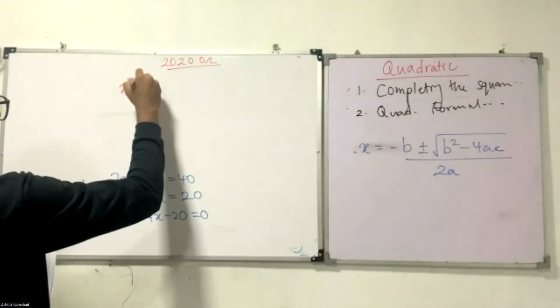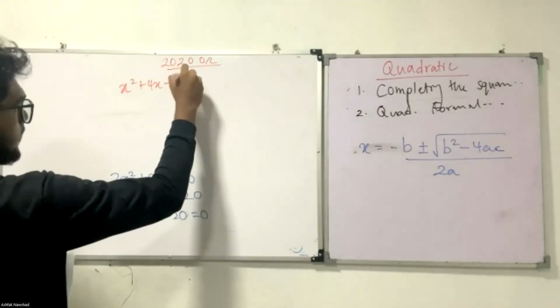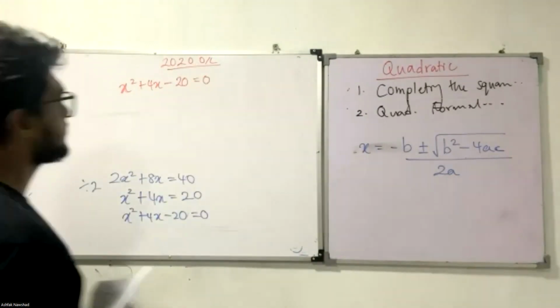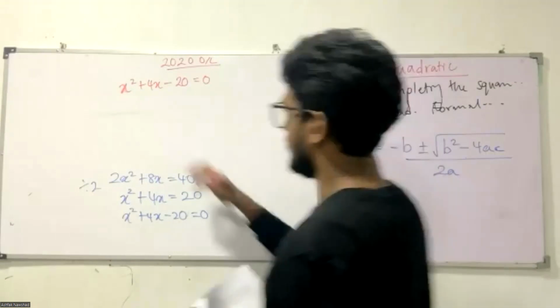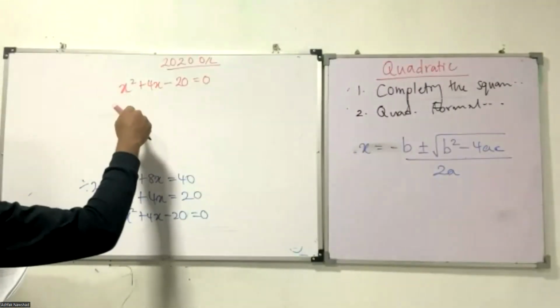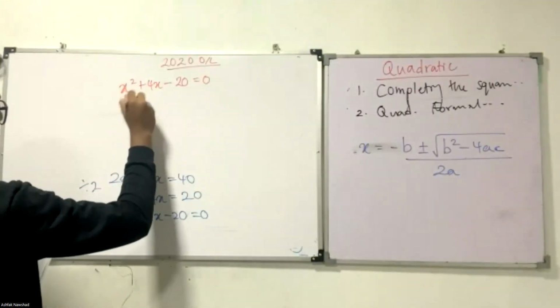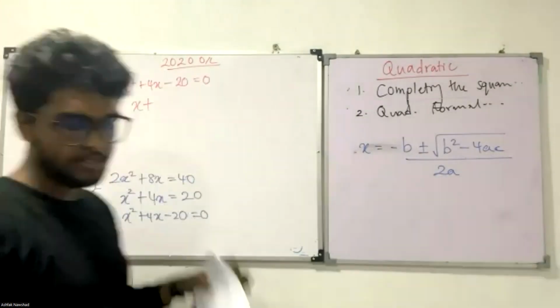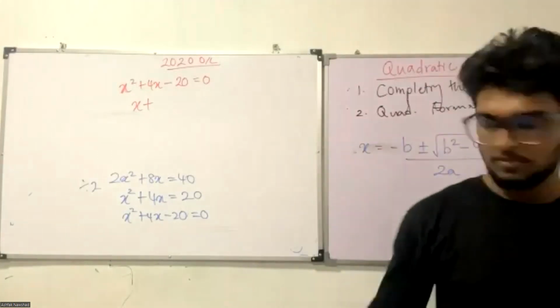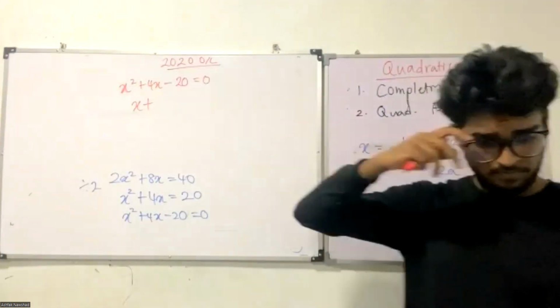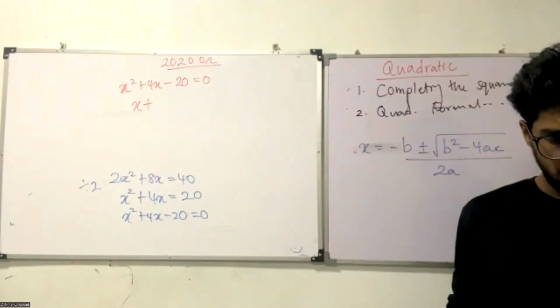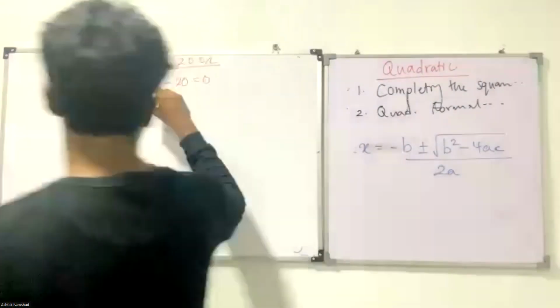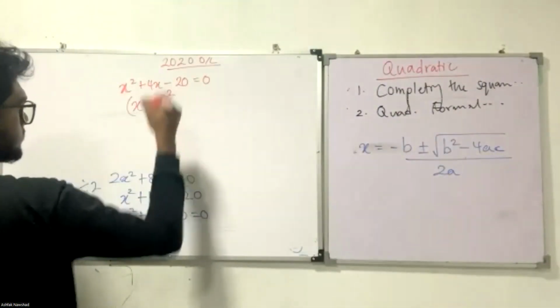x squared plus 4x minus 20 is 0. The first step of completing the square is I'm writing x here and putting half of this. What's half of the coefficient? Half of it is 2 exactly. And I'm going to close it with the square.